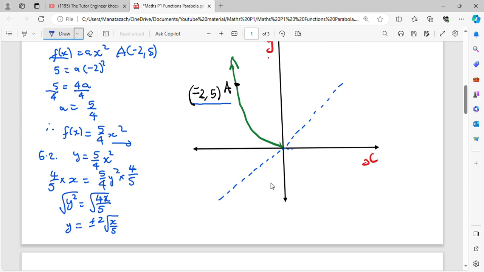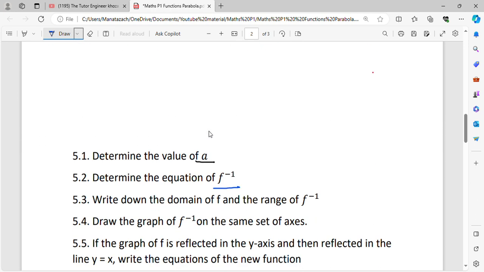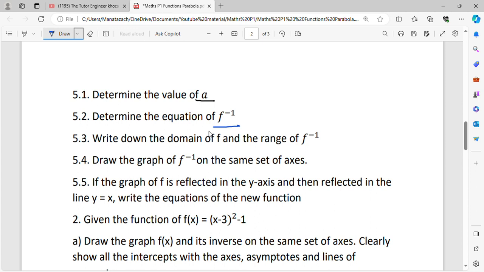So the equation of the inverse would be now the negative portion of the graph. So we'll just say minus 2 square root of x over 5, since the y from here is negative going this way. So that's gonna be the equation of the inverse. Let's just call it the inverse of f. Yes, just like that. And then let's go to question 5.3.